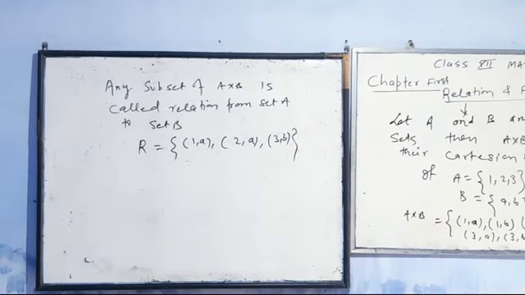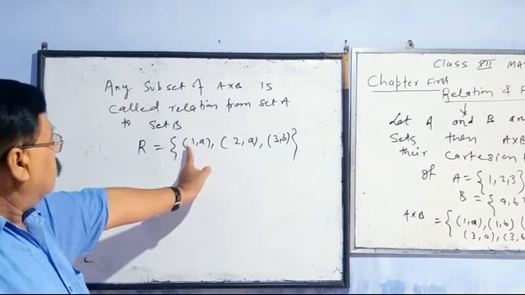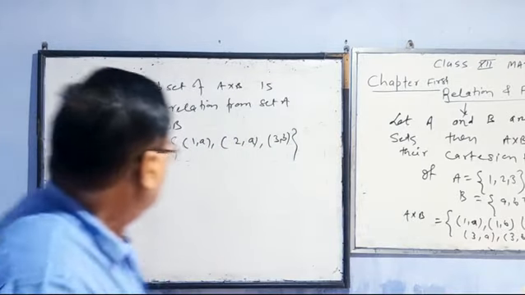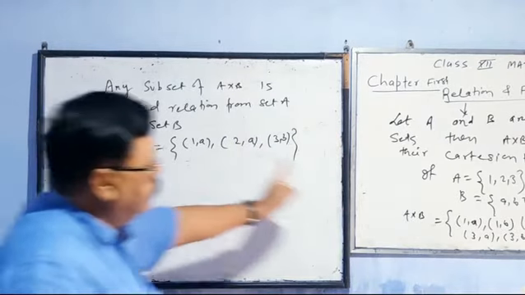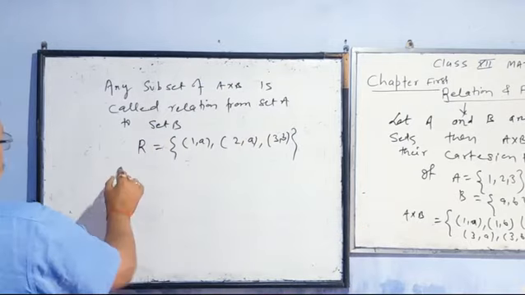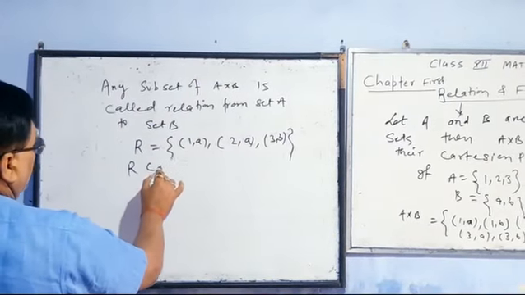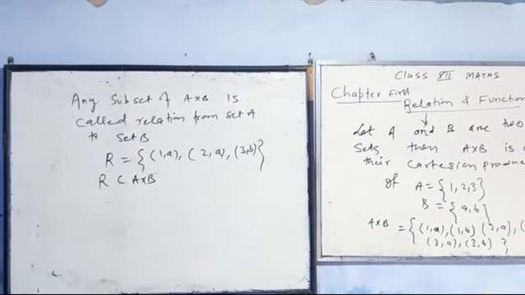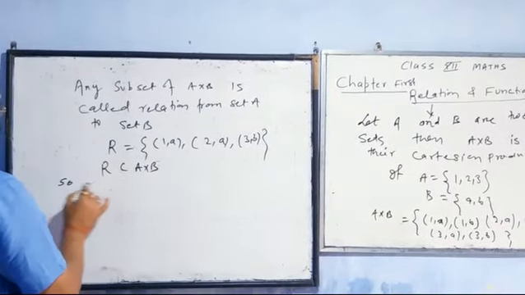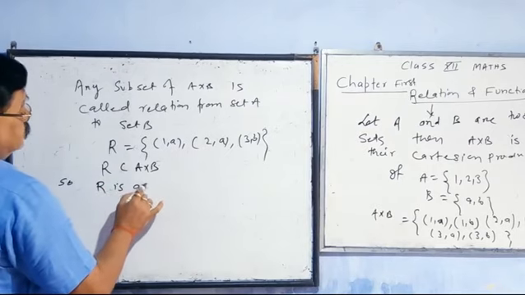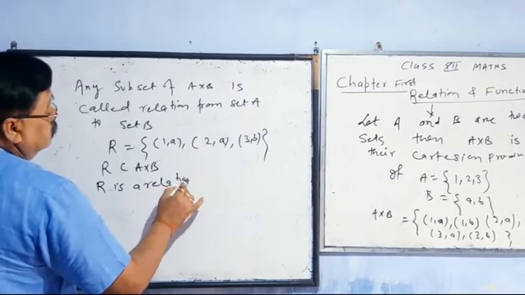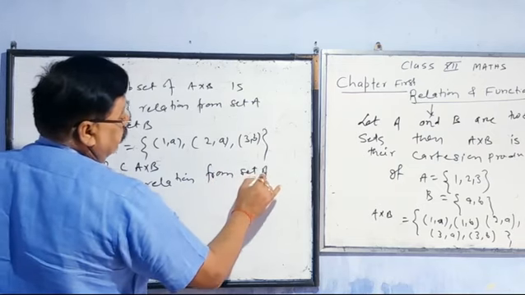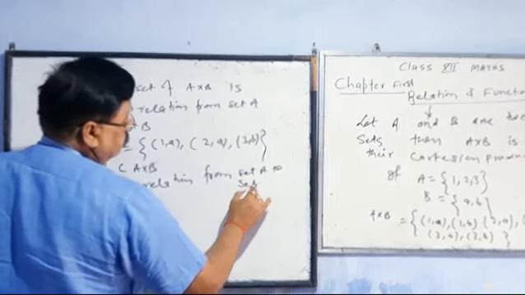Here, the elements of R are elements of A cross B. So R is contained in A cross B. So R is a subset of A cross B, so R is a relation from set A to set B.